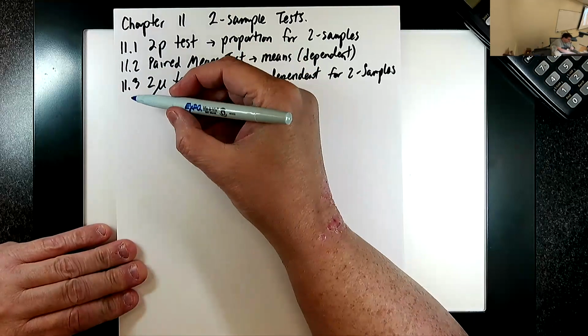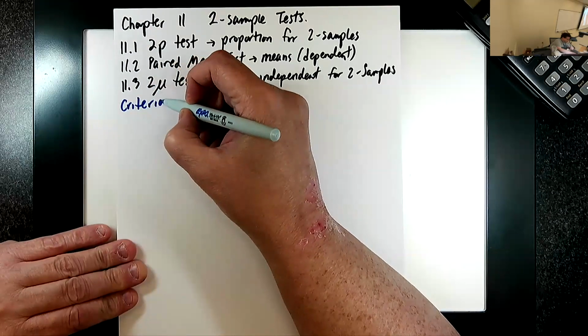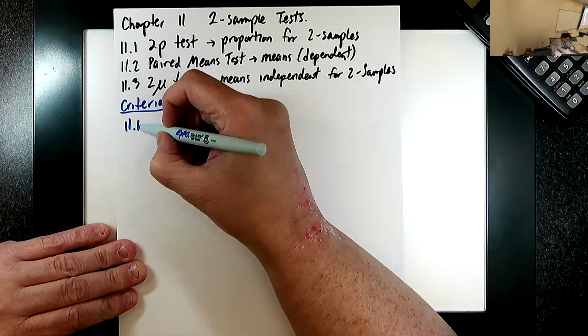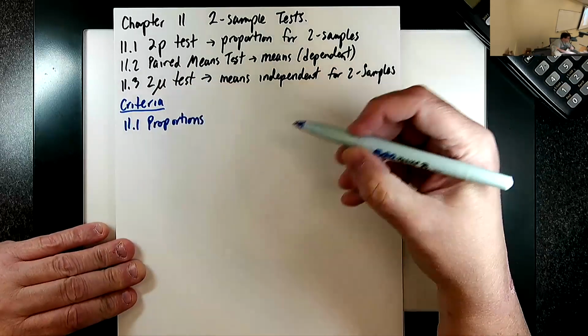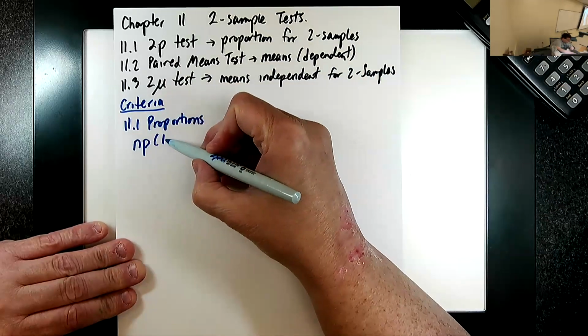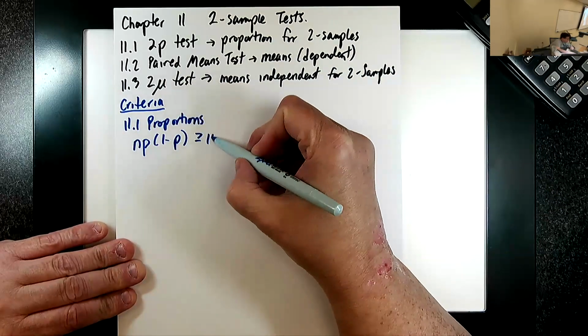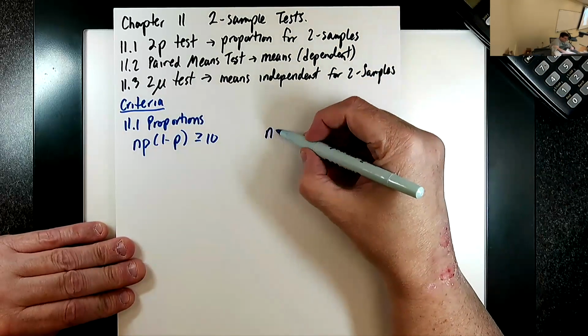So last time we talked about the criterias. So what are the criterias for these? 11.1, that's our proportion one. It's going to look very similar to what we did with one sample. In one sample, we had n times p times 1 minus p is greater than or equal to 10. Well, now we got to do it twice.